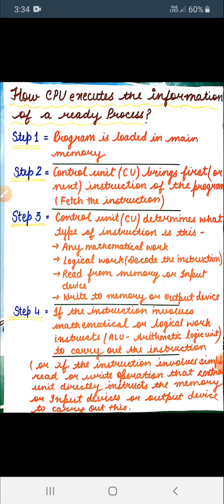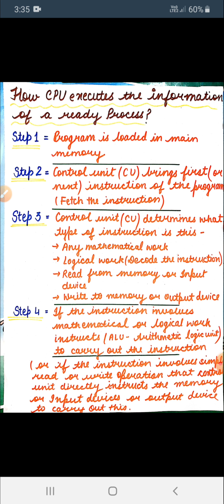Step number 4: if the instruction involves mathematical or logical work, the control unit, which is part of the CPU, instructs the arithmetic logical unit to carry out the instruction. Or if the instruction involves simple input or output, then the control unit directs the memory or the input device or output device. This step is called executing the instruction.